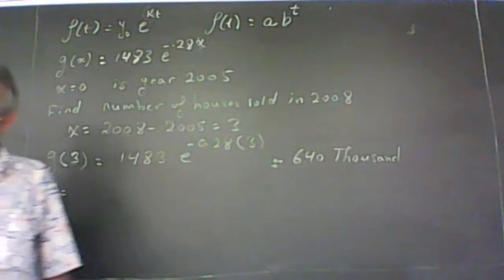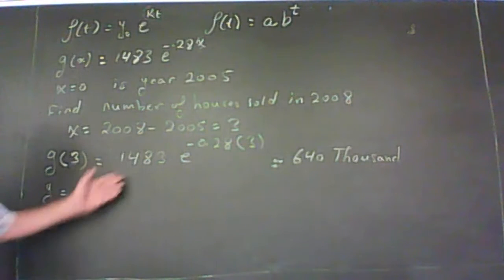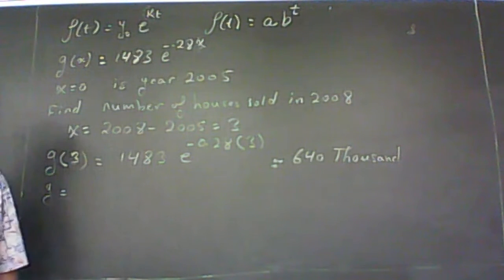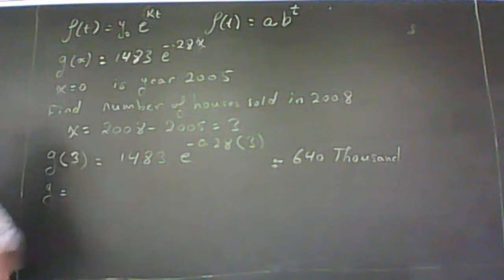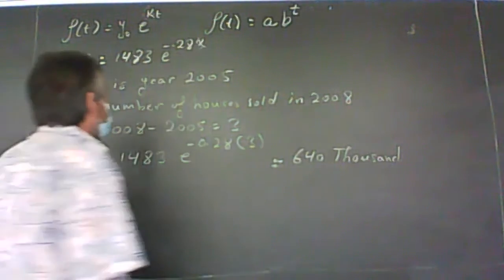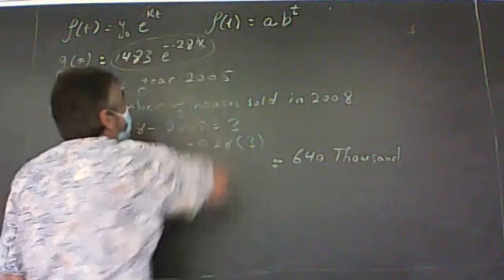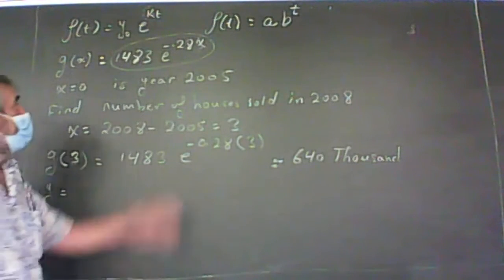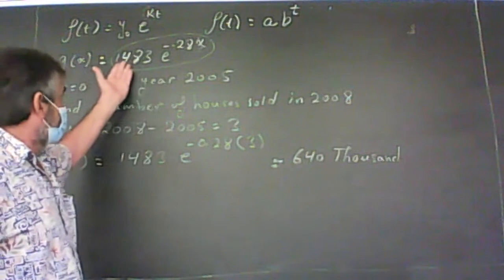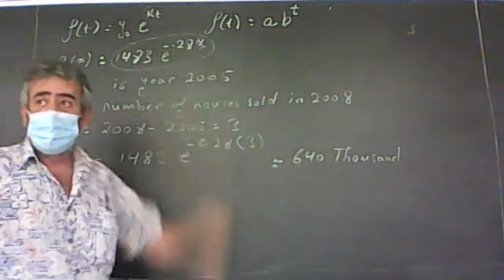You press that key, and then functions come up, y1, y2, y3, whatever. Then you input that value, 1483 e to the power minus 0.28.